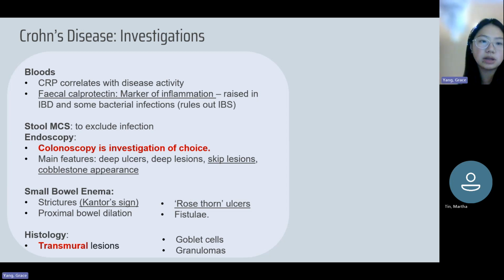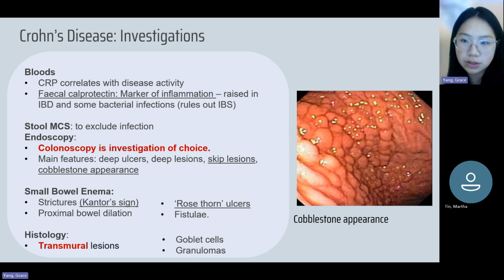So we would send them off for colonoscopy, and they have very specific appearances on colonoscopy, such as the cobblestone appearance, and they'll have skip lesions, really deep lesions and ulcers. And you also give them a small bowel enema, which is when they have some barium, and you give them the X-ray.